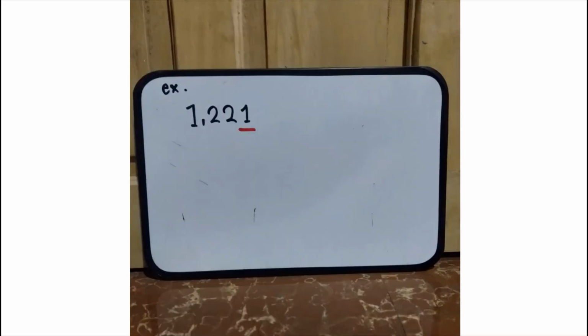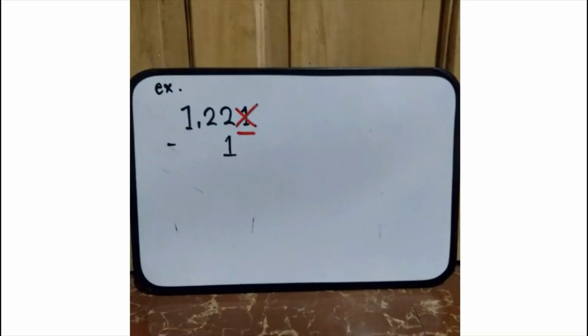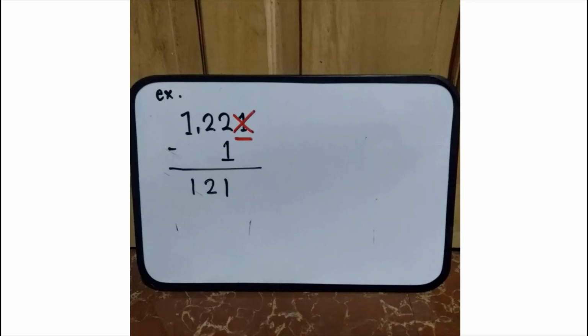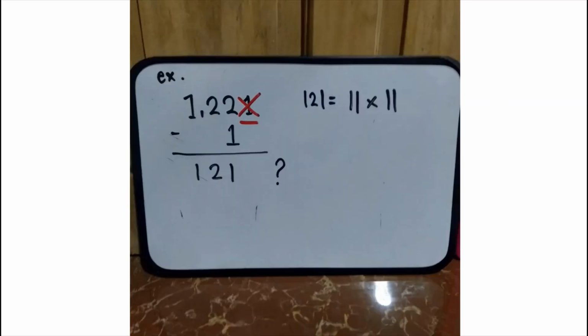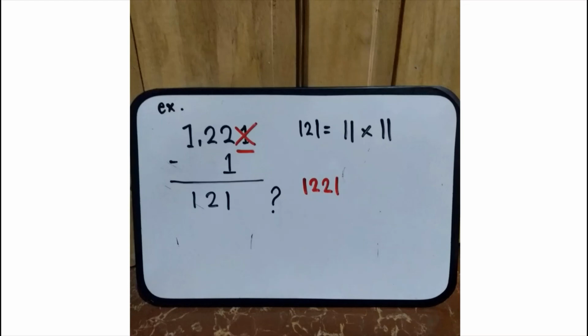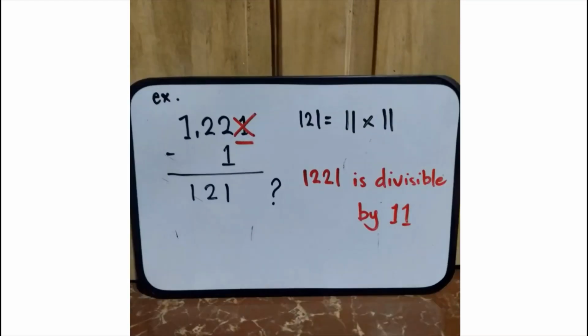The ones digit is 1, and then we're going to subtract it from 122. We'll get 121. Now, let's determine if 121 is a multiple of 11. For certain, 11 times 11 is 121. Hence, the number 1221 is divisible by 11.